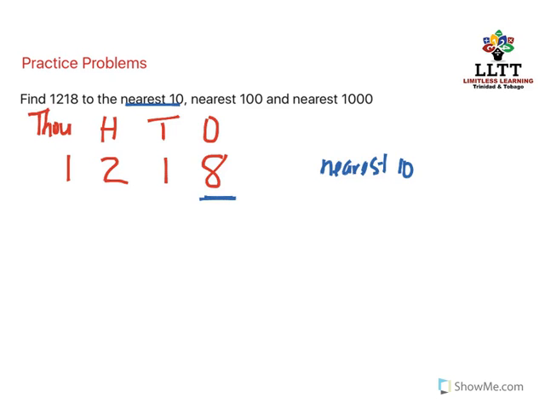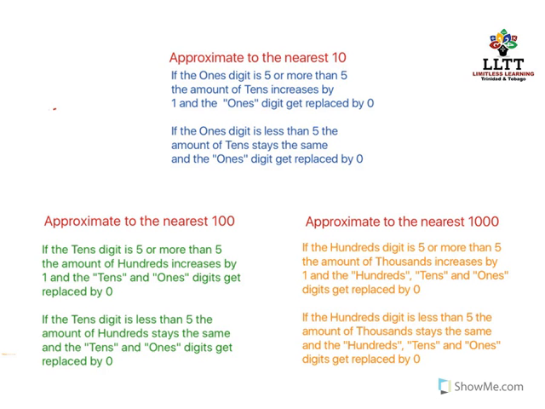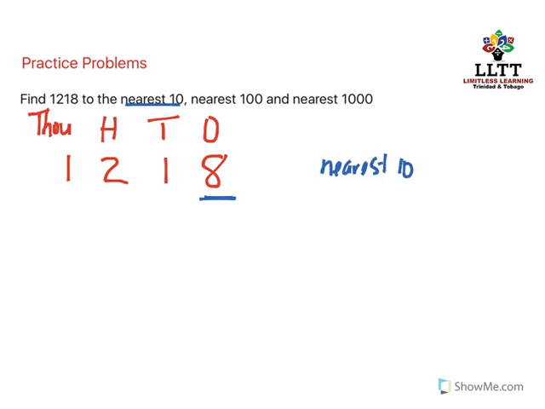The ones digit is 8, right? 8 is going to be more than 5. So we're going to increase the number of tens by 1. So that's going to be 2. And we're going to replace the 8 with 0.